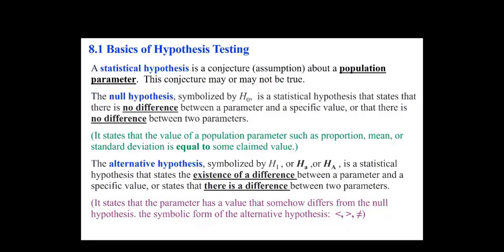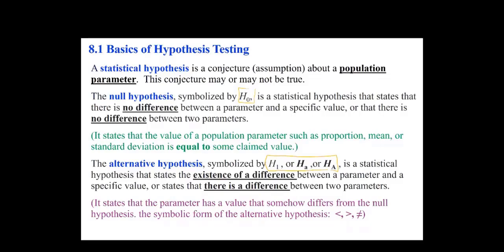So, number one, notation: H0 for the null hypothesis, H1 or HA. Sometimes they use a lowercase or uppercase A; A stands for alternative. Sometimes they don't even go with H0 and H1, they just write what it refers to. So I want you to see what's happening.